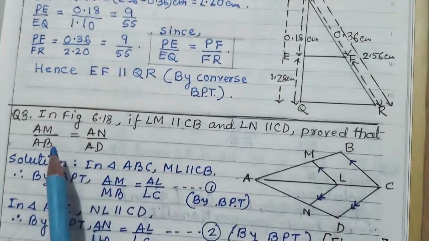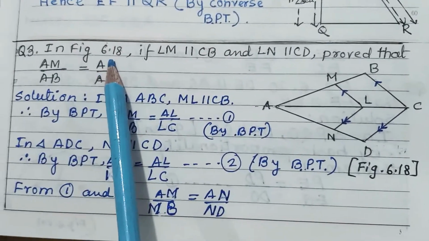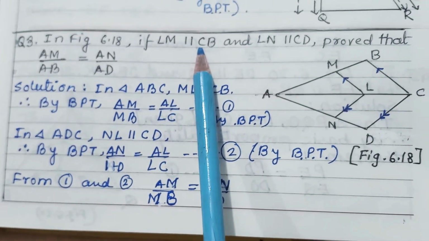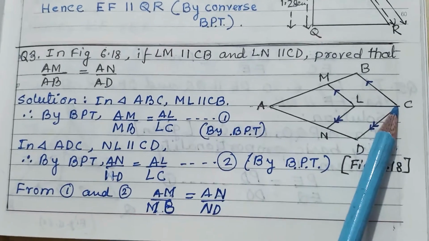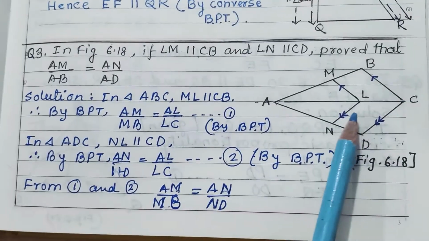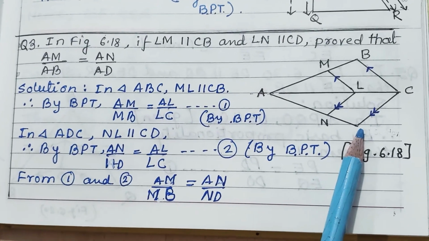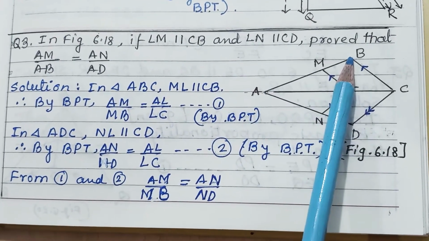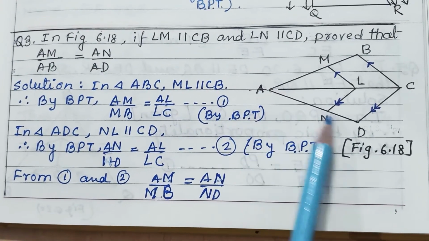Now next question, in figure 6.18, LM is parallel to CB and LN is parallel to CD. Can you see the figure? Prove that AM upon AB is equal to AN upon AD.